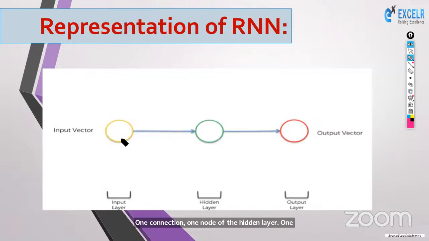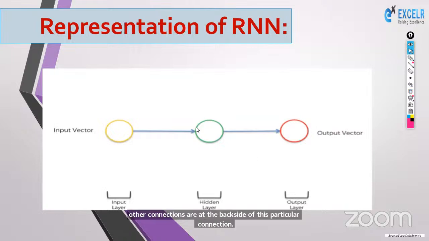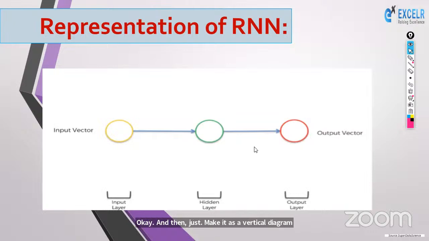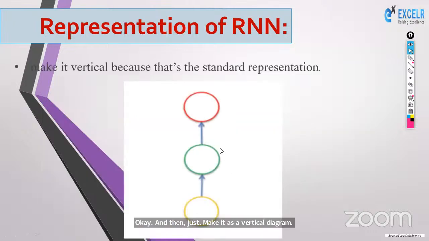But it's not that there is only one node. All other nodes are at the back side of these nodes, and all other connections are at the back side of this particular connection, right? And then just make it a vertical diagram. Just rotate it in a vertical manner.